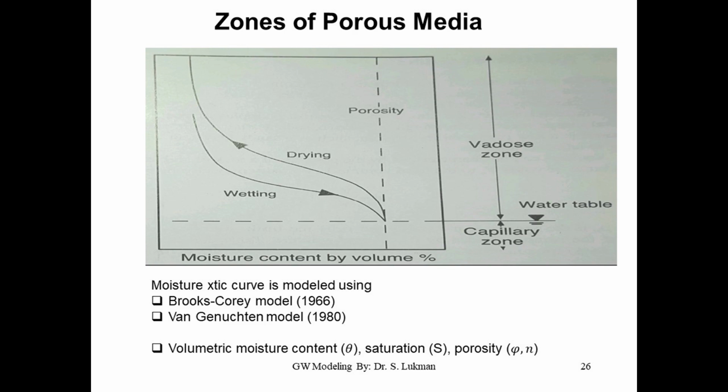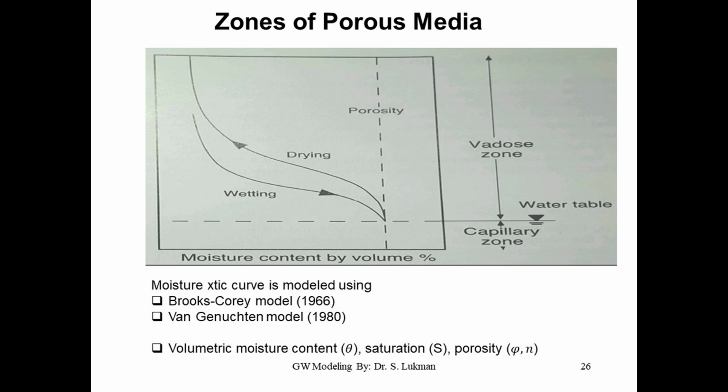Volume of water over volume of solid? Volume of water over volume of void, times 100? No, volume of water to the volume of soil. Still we are divided. You see, the moisture content, we want to find what is the amount of void you have in the unsaturated zone.